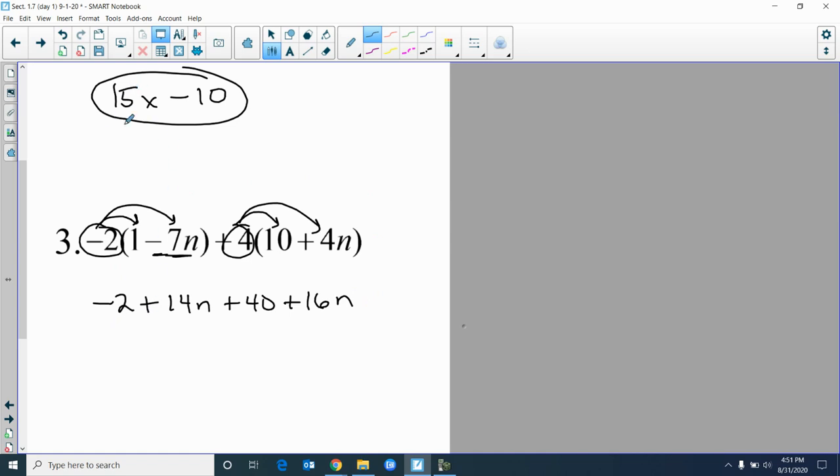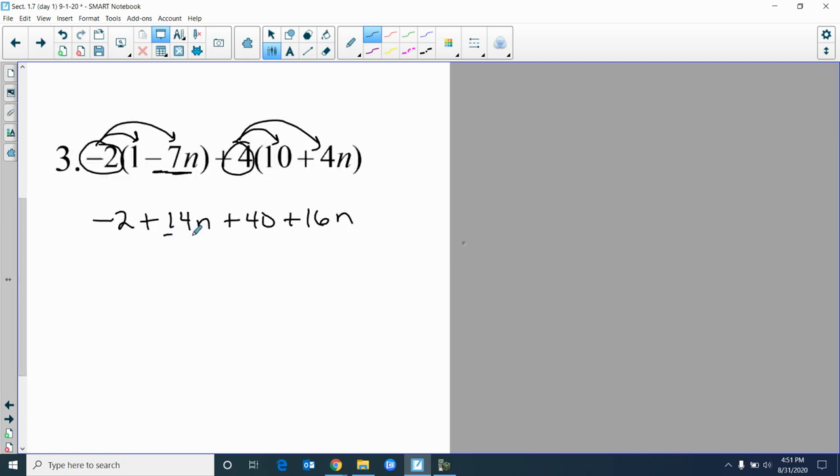Here's what you need to do: you always write the terms with the variable first. So even though this -2 is first, when I rearrange them, I'm going to put 14n first. And then the next one is plus 16n. And this minus sign goes wherever that 2 is, so it becomes -2 plus 40.